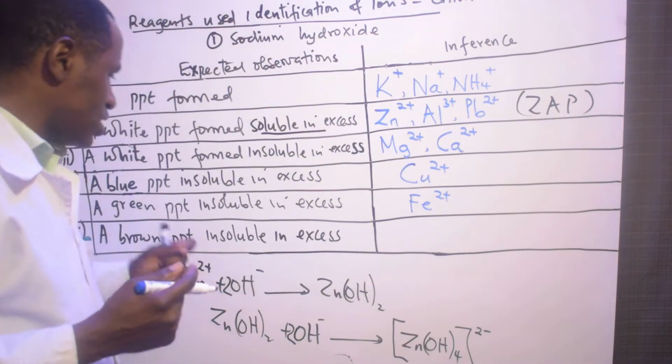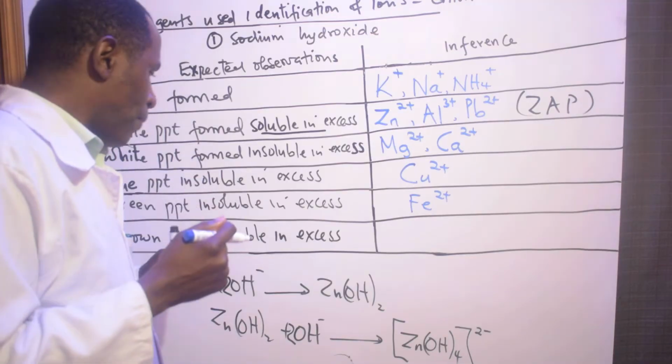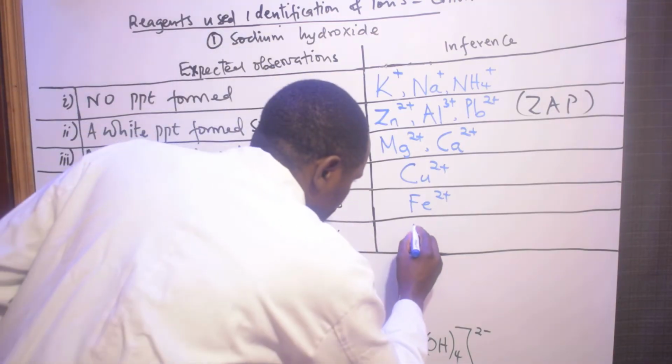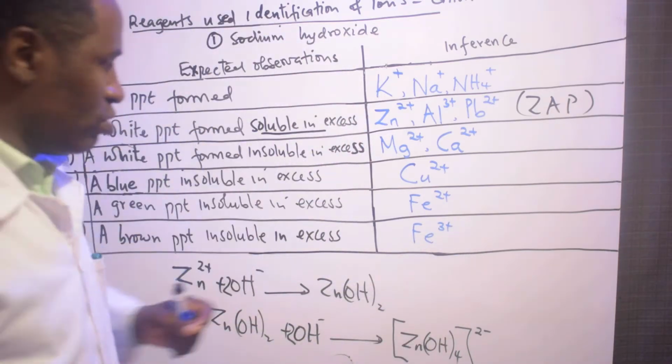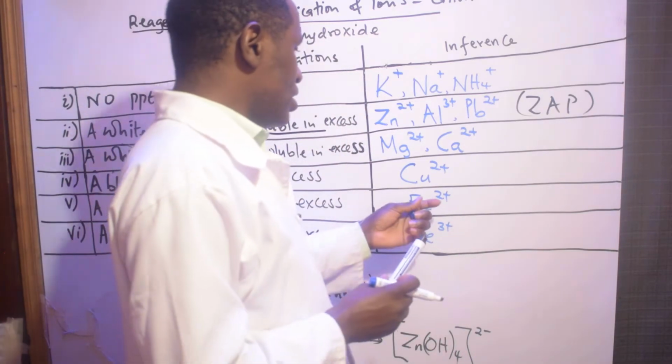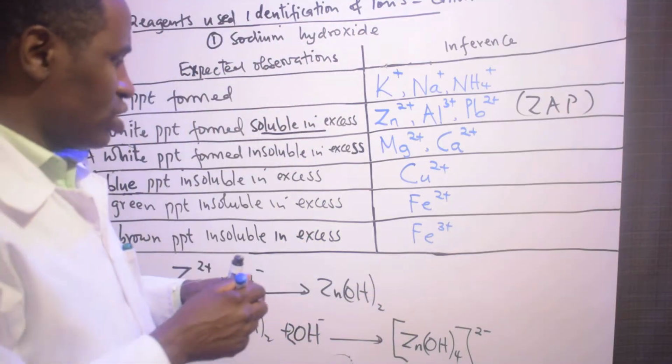A brown precipitate will be iron 3 ions. So this ion has 2 oxidation states.